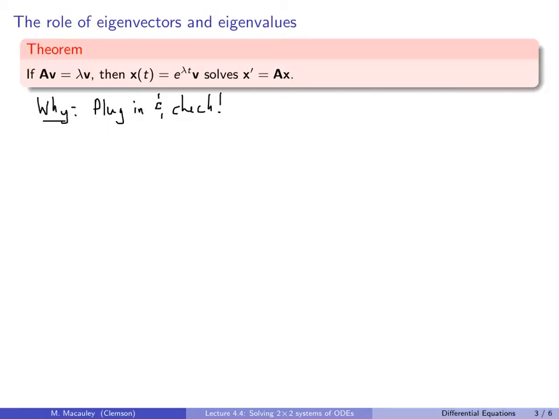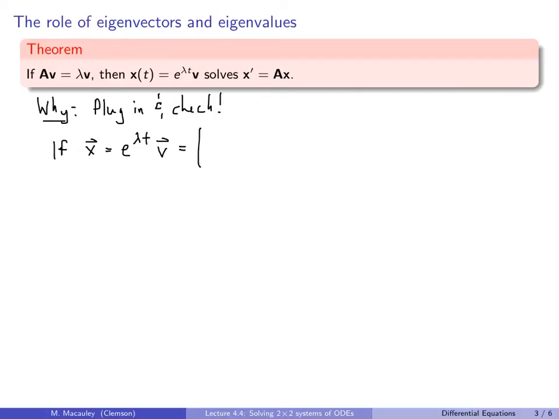Okay, so if x equals e to the lambda t times v, let's write out what this is more explicitly. So v is going to have two entries in it.